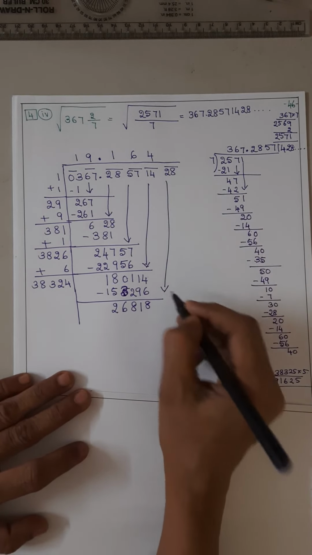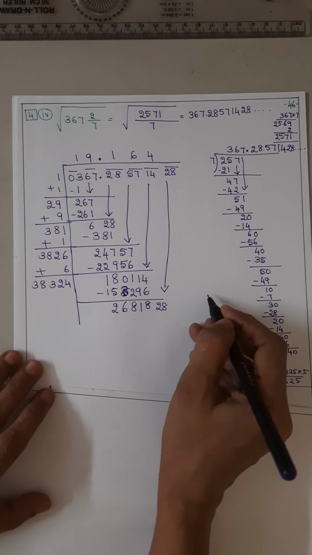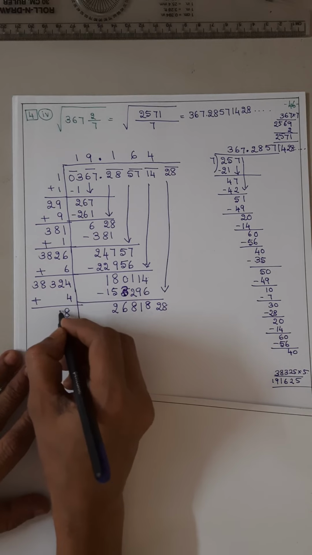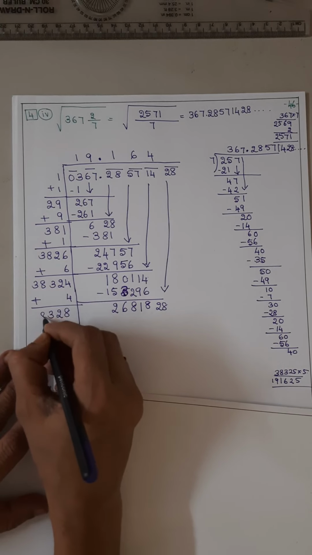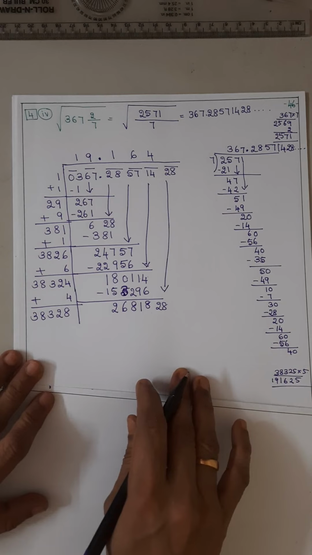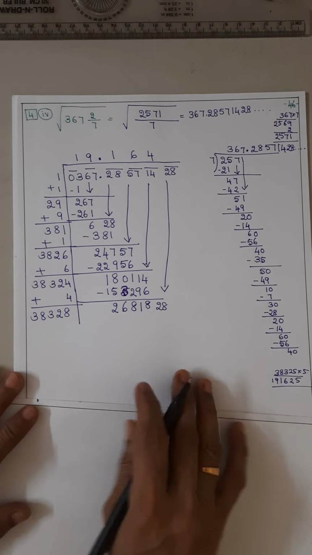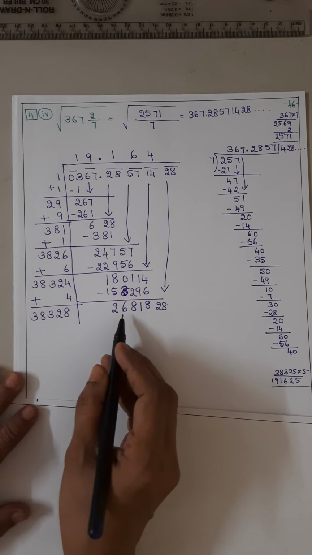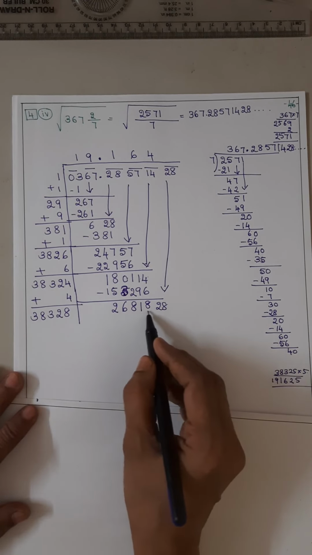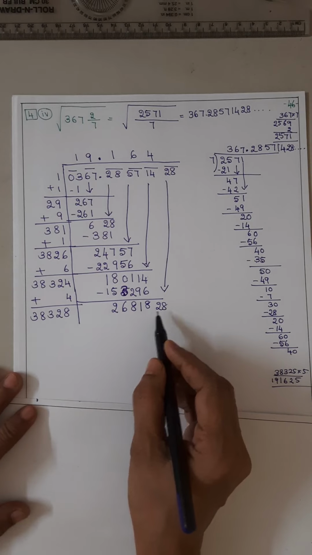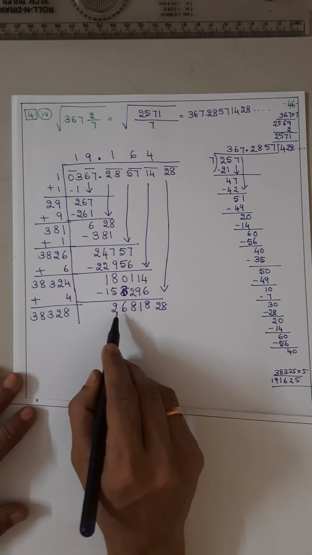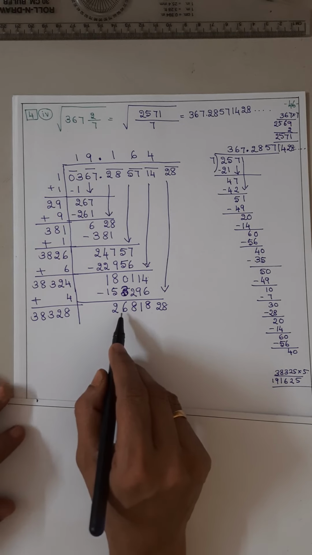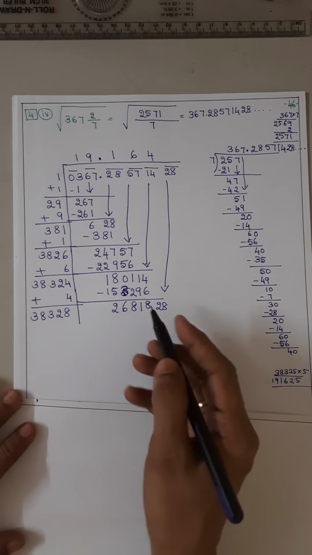Now bring this 28 down. Add 4. 4 plus 4, 8. 2, 3, 8, 3. Now it is 3, 5. Here it is 2 extra means 3. How much? 26. 3 8s are 24, but it will be 6 times.